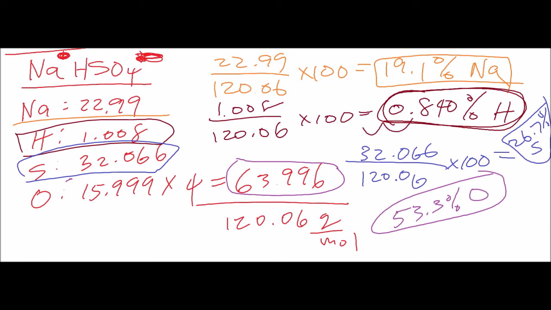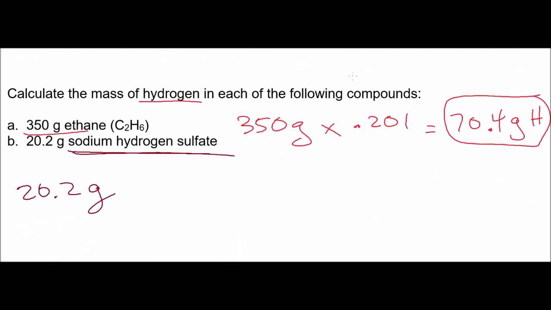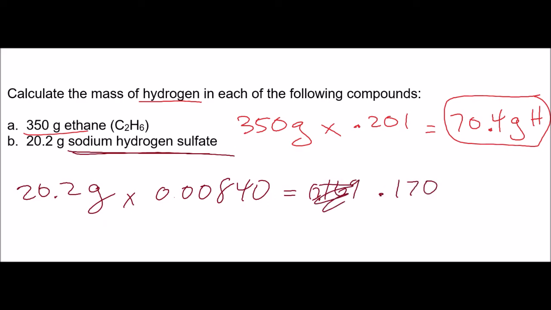So it's going to be 0.0084. That's going to be about 0.169. That's going to round up. So 0.170 grams of hydrogen. If we had 20 grams of sodium bisulfate, 0.17 grams of it would be the hydrogen component.